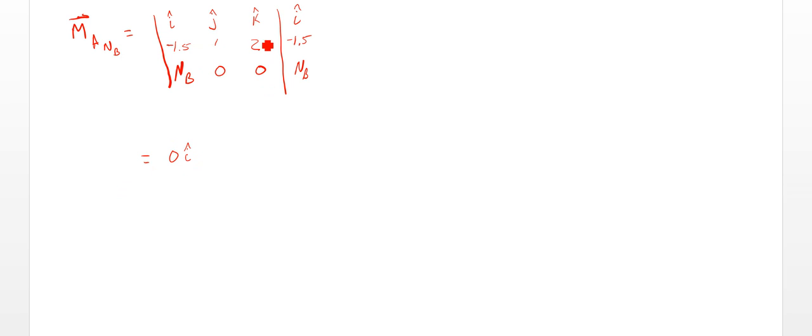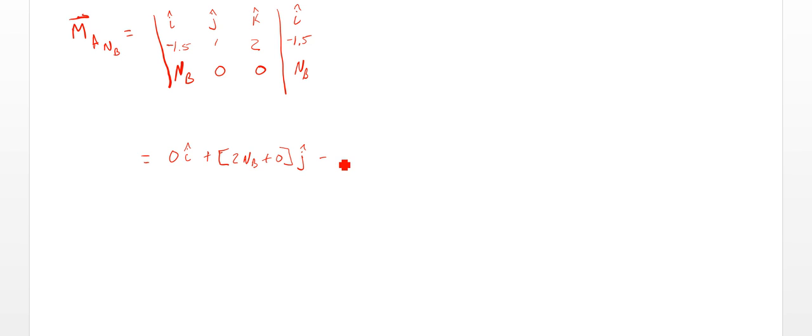So 1 times 0 minus 2 times 0. J is going to be plus 2NB, going the other direction, negative 1.5 times 0, 0 J.